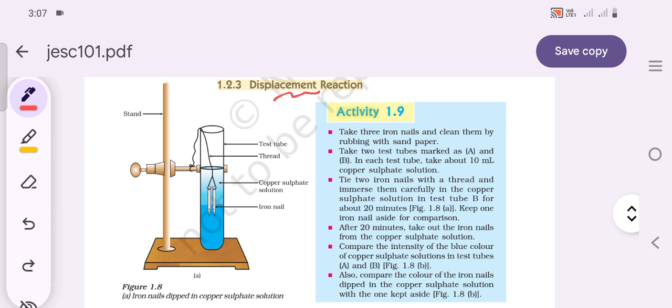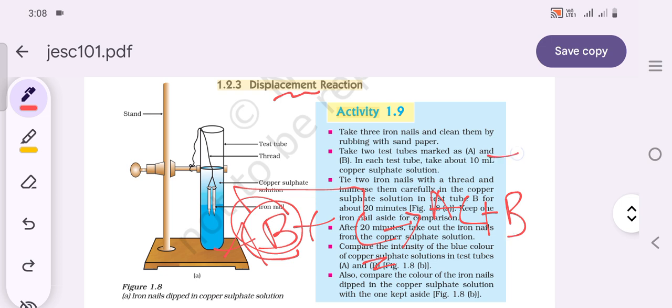A displacement reaction is a chemical process where a more reactive element replaces a less reactive element from its compound. For example, if we take AB and add C, the more reactive element C will replace the less reactive A, so we get AC plus B. Or you can write it this way: A plus BC, where the more reactive element replaces the less reactive element.